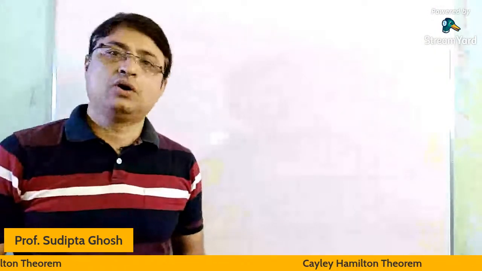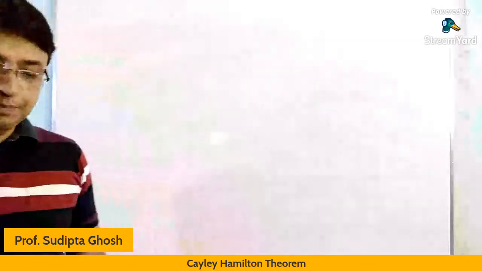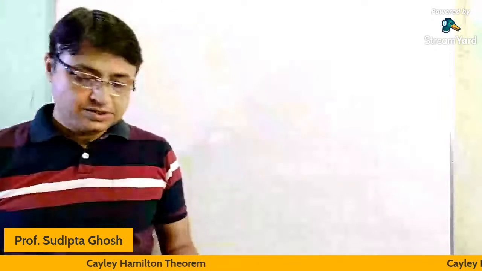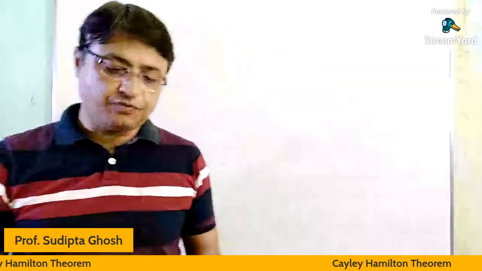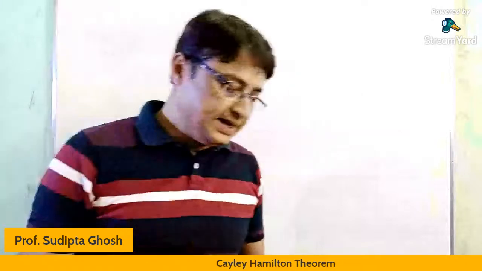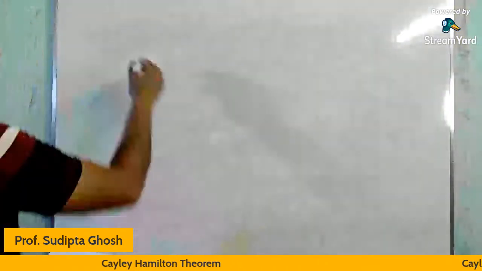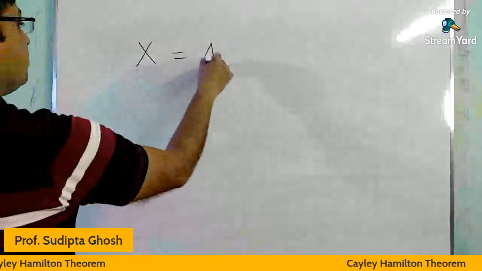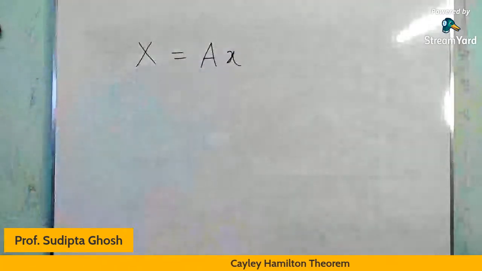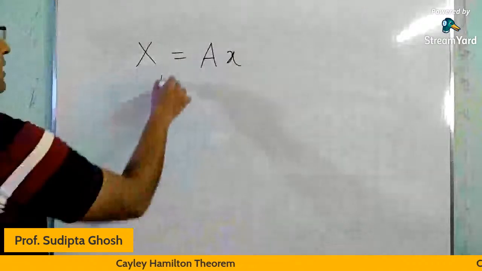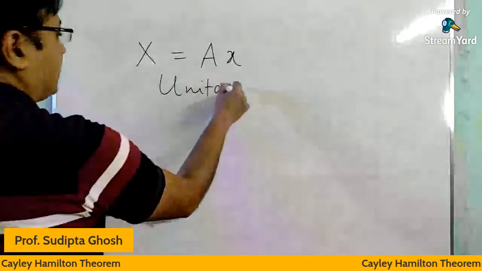If capital A is a unitary matrix of order n cross n, and capital X and small x are column vectors of order n cross 1, then the linear transformation capital X equals capital A into X is known as a unitary transformation.